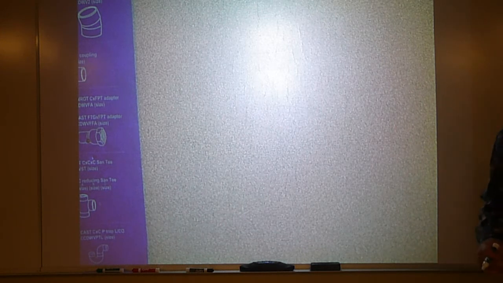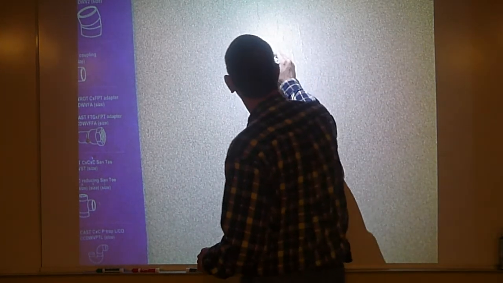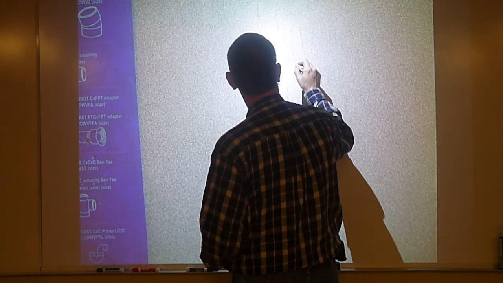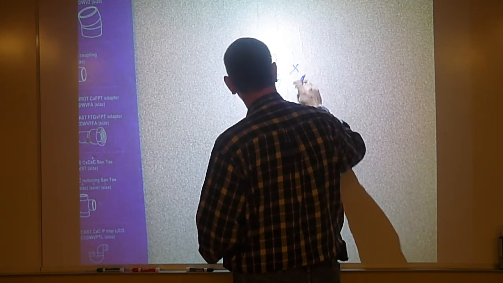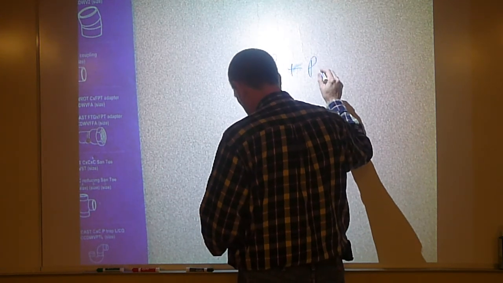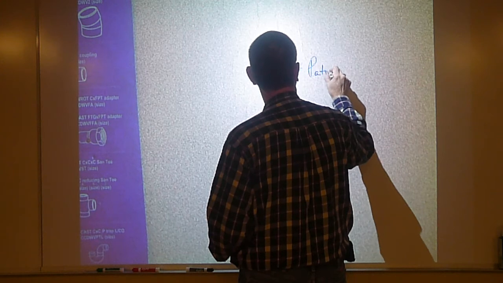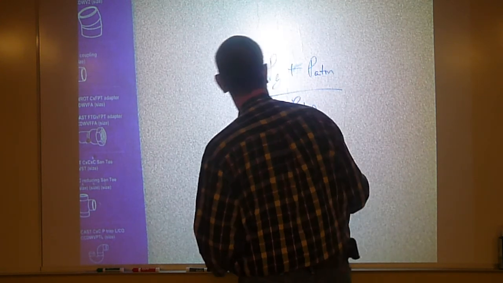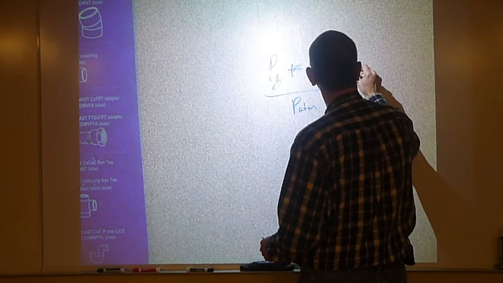Compression ratio, if you remember, is gauge pressure plus atmospheric pressure, over atmospheric pressure. At sea level, atmospheric is 14.7.